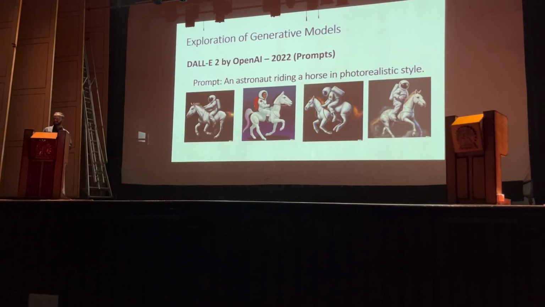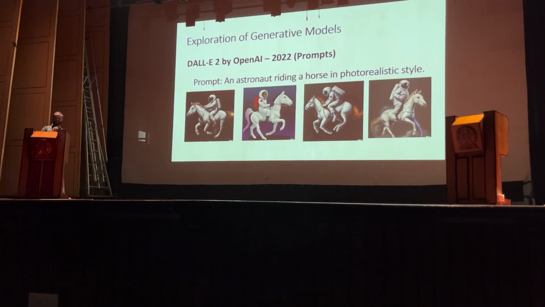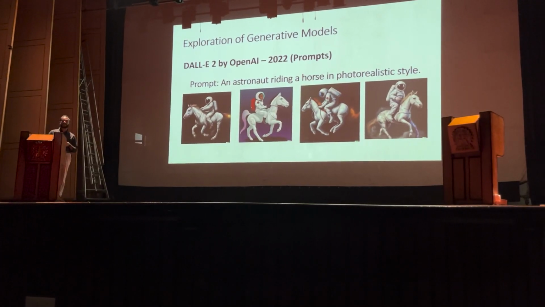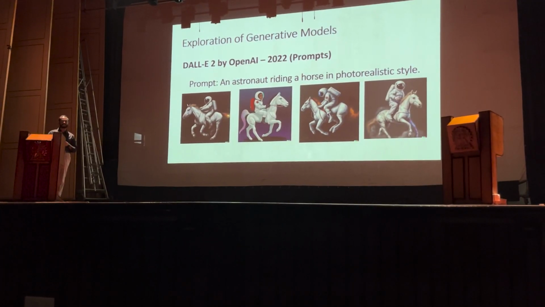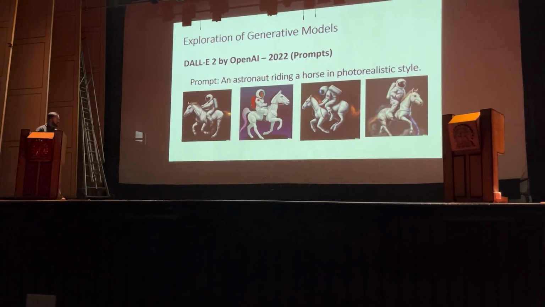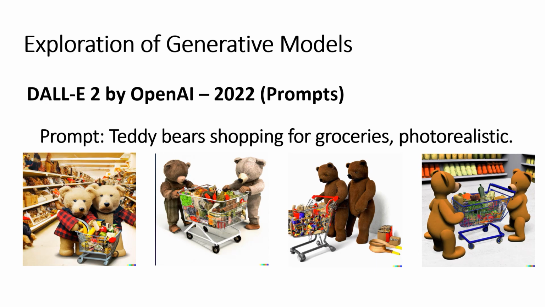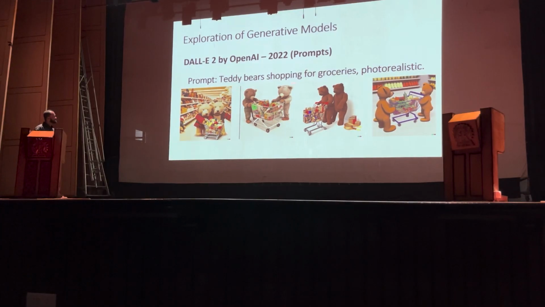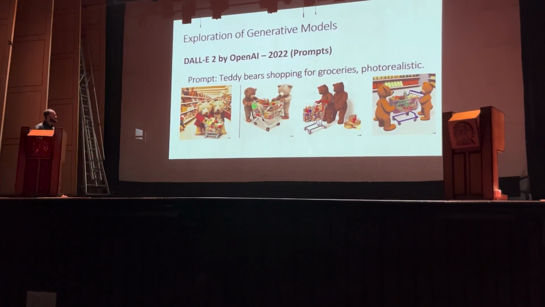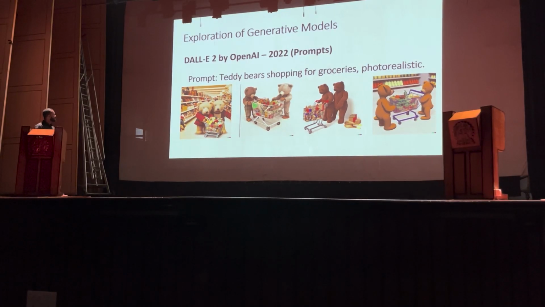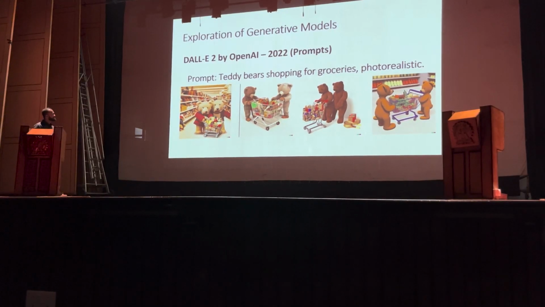But you can see that the model was able to transfer those visual characteristics into the image that was finally generated. And there's a fun prompt over here: teddy bears shopping for groceries, photorealistic. Pretty fun.